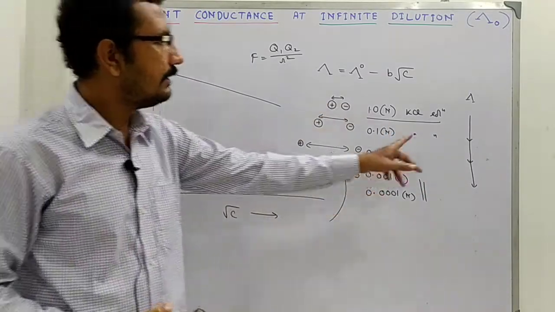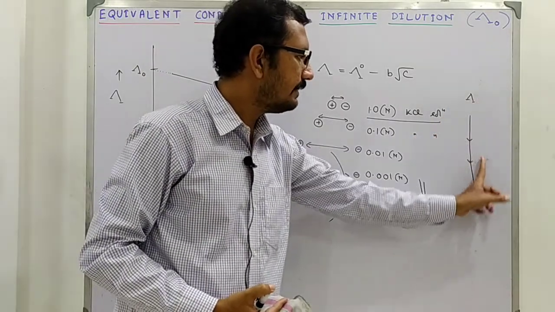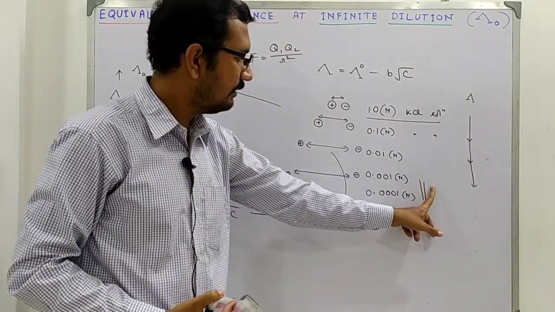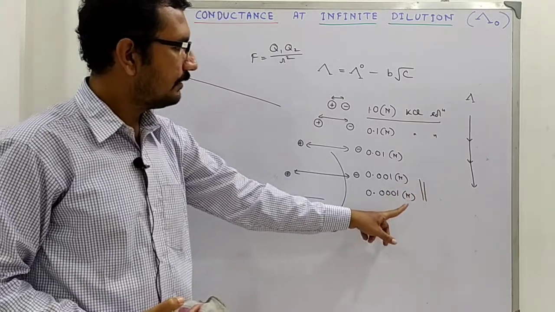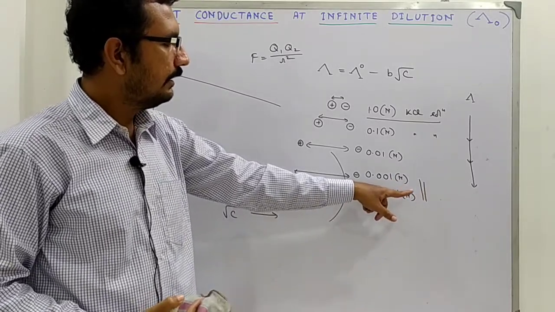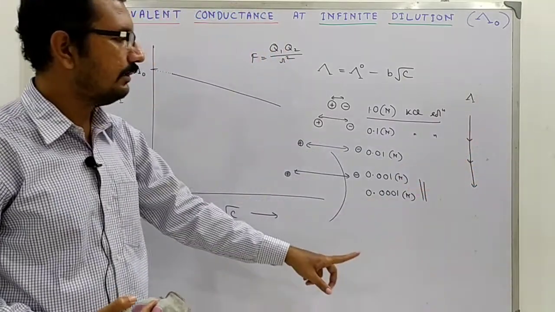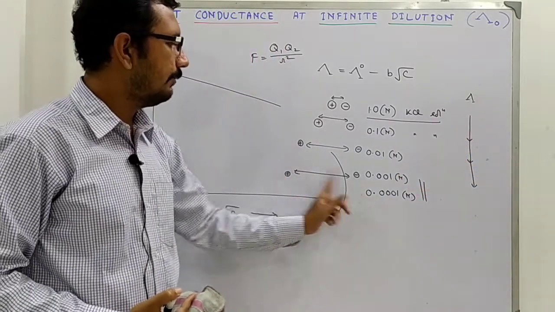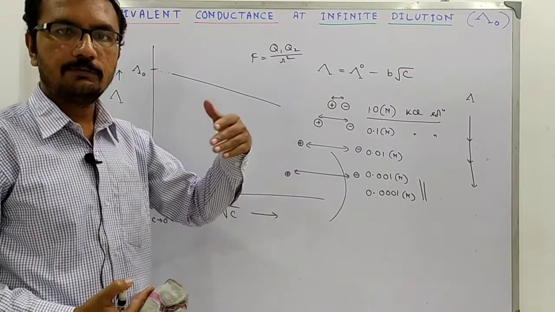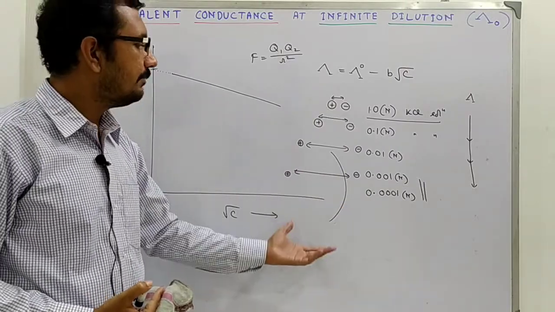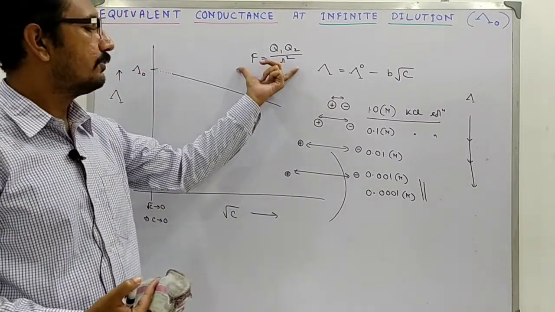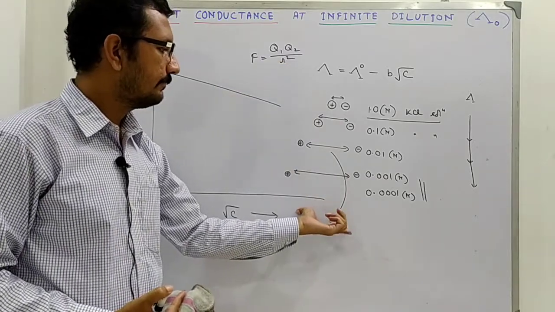With dilution the equivalent conductance is increasing, and a concentration comes where further dilution is not going to increase the equivalent conductance any further, since now they are devoid of attraction. So, with further dilution there will be no decrement in the attraction force between the oppositely charged ions.